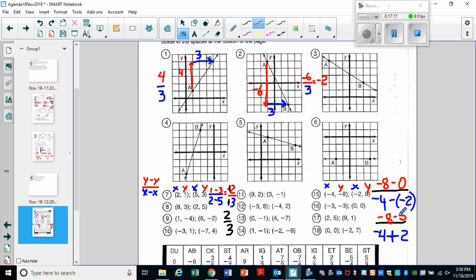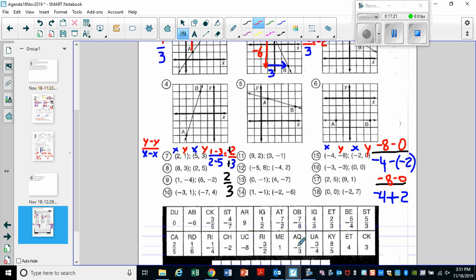That really does not change. So your slope for this problem, I know it's a couple steps, but -8 minus 0, that's -8 over -4 plus 2, which is -2.